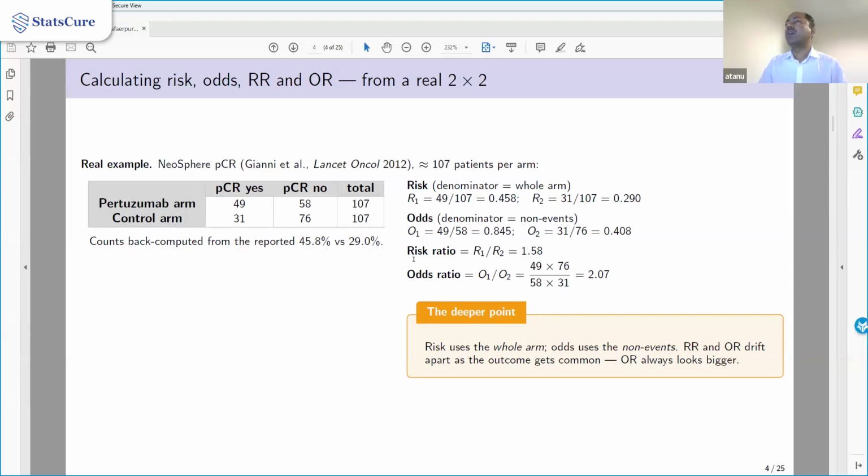Only in the calculation: the risk ratio comes to 1.58, and the odds ratio comes to quite a high value. So use the terminology very cautiously, and keep it uniform in your manuscript or your report. Don't use risk ratio somewhere and odds ratio elsewhere. Let it be uniform across all places.